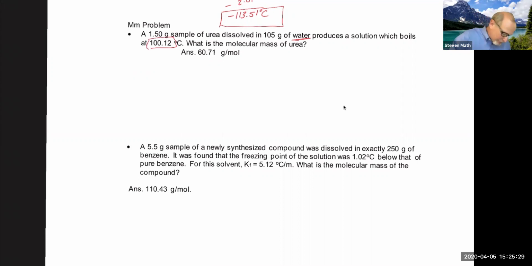So what that tells me is that delta TB is 0.12 degrees. How did I get that? Well, it normally should boil at 100, and now it's boiling at 100.12, a 0.12 difference.